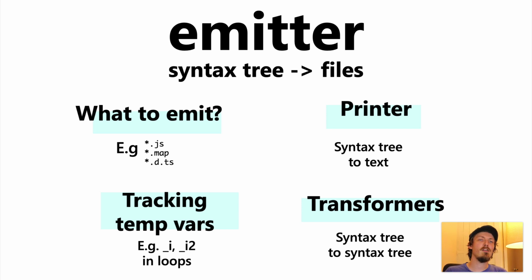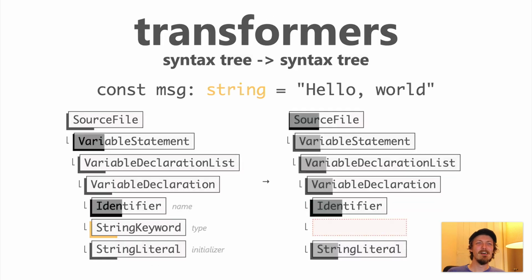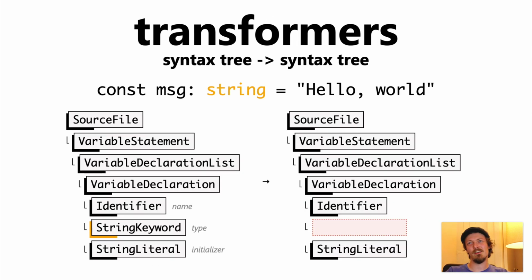And really, all that the printer is doing is taking a syntax node and converting that into text by understanding what the node is on each one. And then there's the transformers, which I think are very interesting, so we're going to go into that in a bit more detail. The transformers are a syntax tree to syntax tree transformer. In this case, this is effectively what happens in the TypeScript transformer.